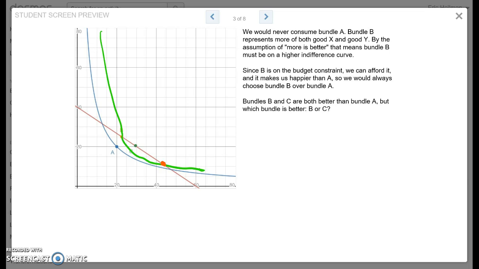So this is the place where the green indifference curve goes through the budget line again. Point C makes you better off. You can get to a higher indifference curve, just like that. But in fact, all of the points along the budget line in between the places where the green indifference curve cuts through the budget line are better bundles than point B.